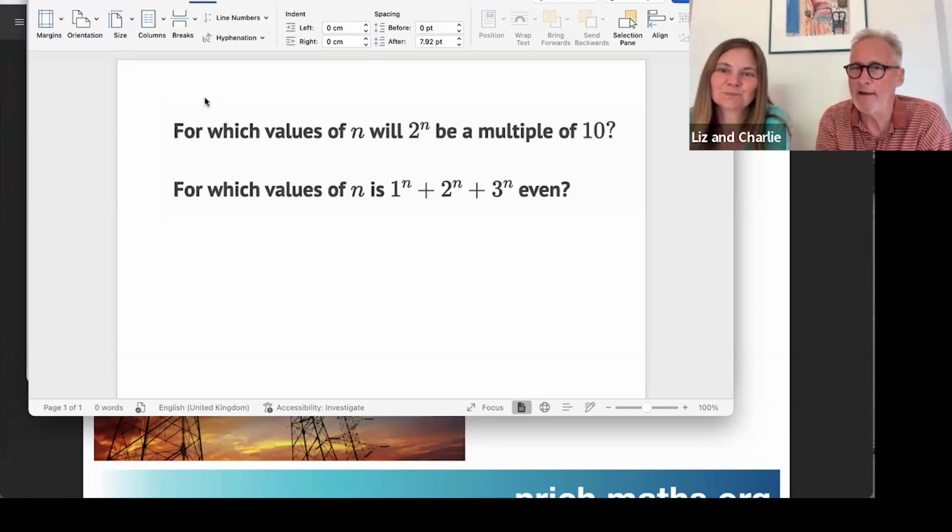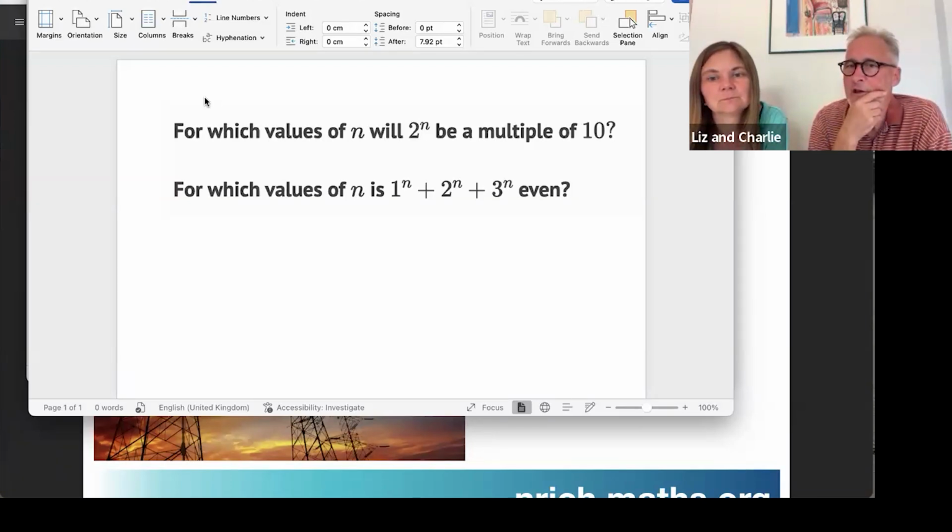Yes, Eddie, we are thinking of n as being integers here. Thank you. Some students may need convincing that 3 to the n is always odd. Or I might, as the teacher, pretend that I need convincing. Act as a skeptic.